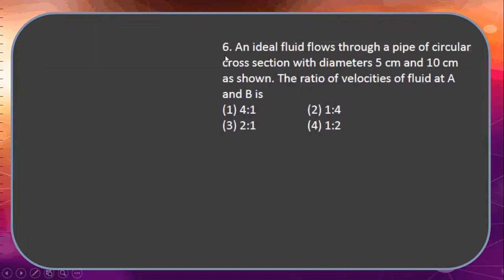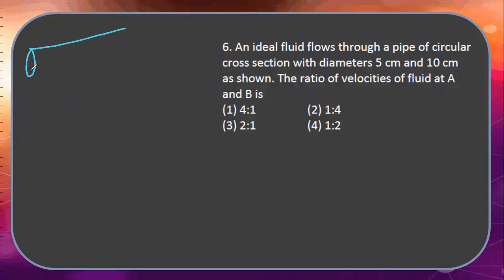An ideal fluid flows through a pipe of circular cross-sectional area with diameters 5 centimeters and 10 centimeters as shown. The ratio of the velocities of the fluid at A and at B. Larger area of cross-section and smaller area of cross-section, these are there.